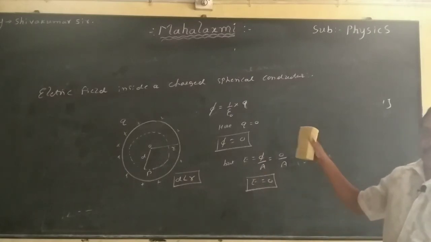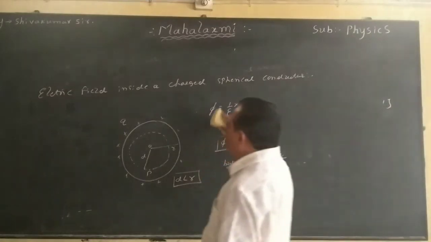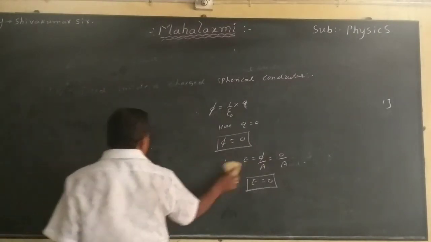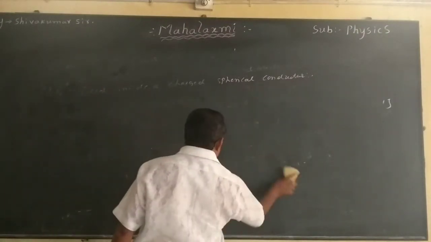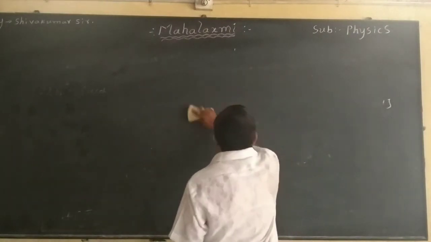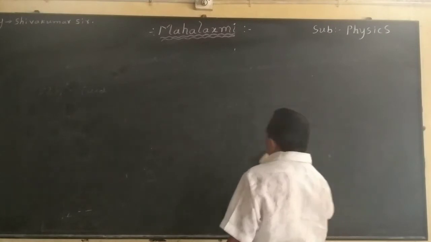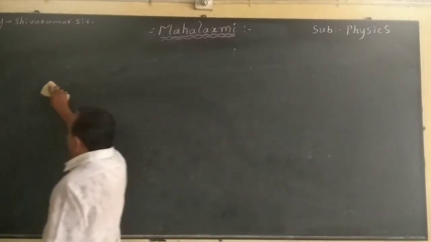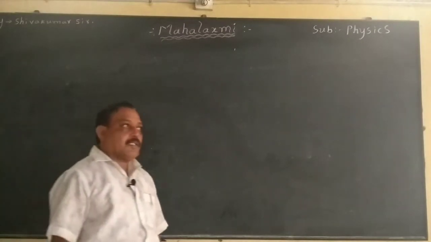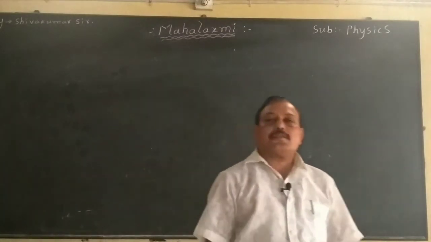All the facts? Yes. Then after this, I go for the next application, the electric field due to a charged straight conductor which is infinitely long. Electric field due to a charged straight conductor.